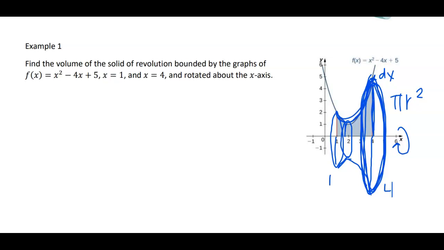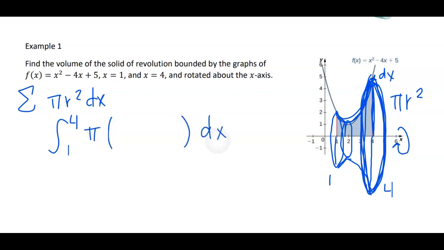So let's think about how we're going to do that. I'm going to have a pi r squared dx, and then I need to add all of those up. Well, if you remember, what we do in calculus is we're going to then integrate from 1 to 4 of pi r squared dx. Now I need to figure out what my radius is here.